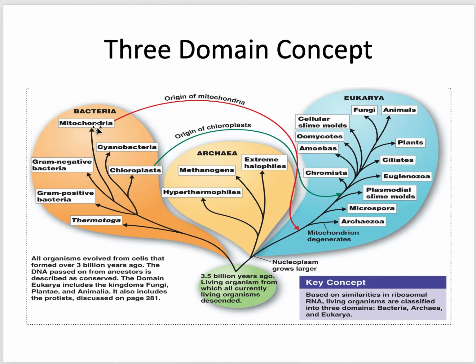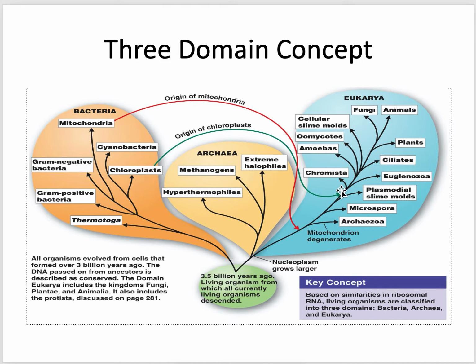I'll talk about it later. First, let's see the eukaryotes. You can see the evolutionary tree here: first Archaeozoa, finally fungi, animal, plants, etc. So why mitochondria and chloroplast here? And what do this red arrow and green arrow mean?